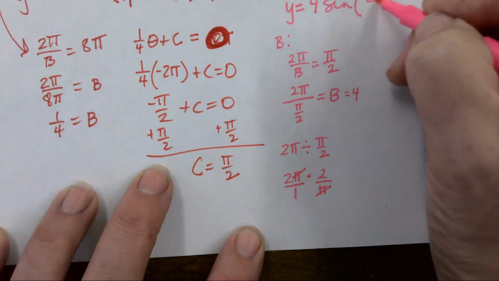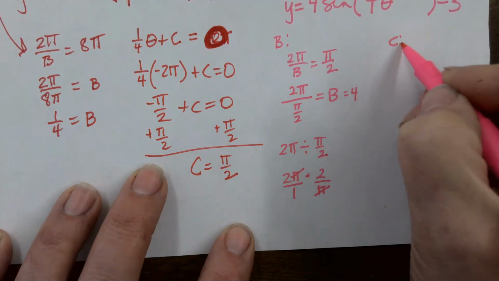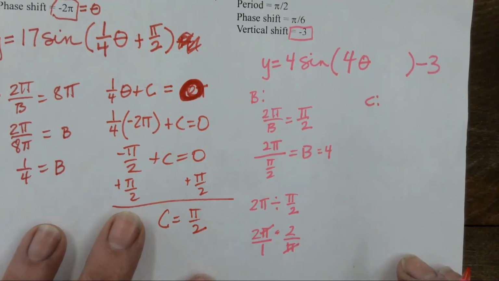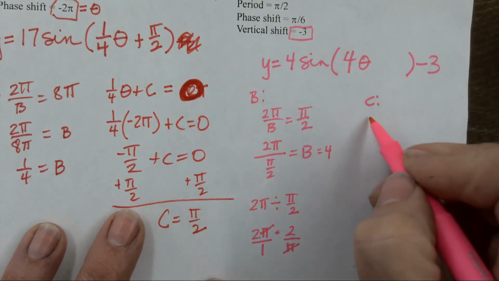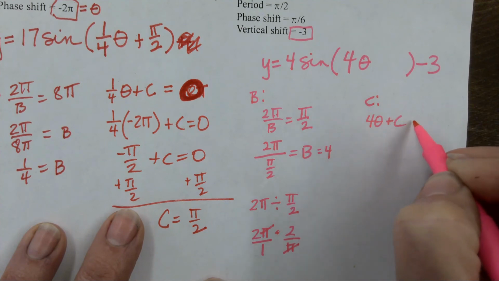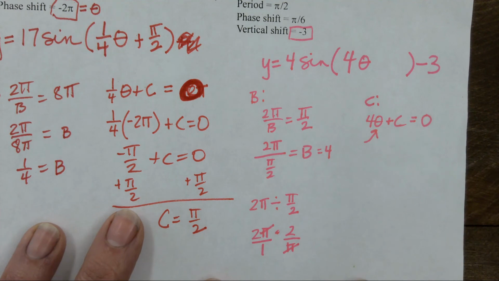Stick that right back in here, and now I can use that to find C. So remember how that works. 4 theta plus C equals 0 when theta is what? Pi over 6.